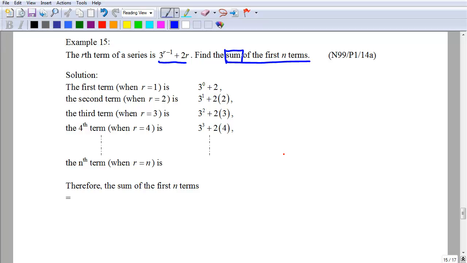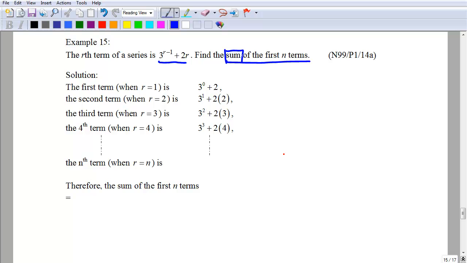When we see a problem like this, and if we are at a loss as to what to do, remember, don't give up. What we should do is just try to understand the problem as much as we can. Since we are asked to sum the first n terms, why not ask ourselves, what are the terms that we need to add up first?